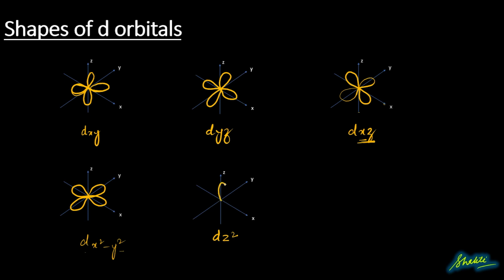The first lobe on the z-axis is like this, and the other lobe is condensed like this, but only on the z-axis, and it has a special name, donut shape. So these are the 5 shapes of d orbitals.